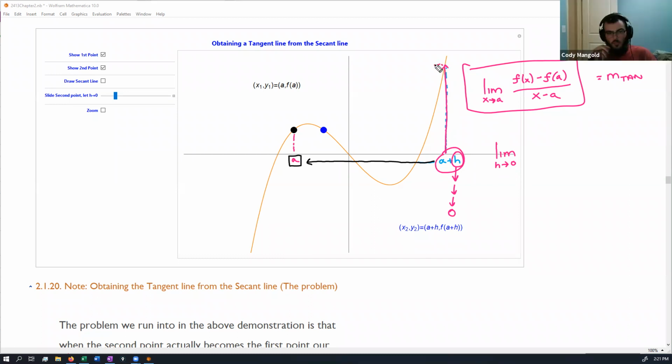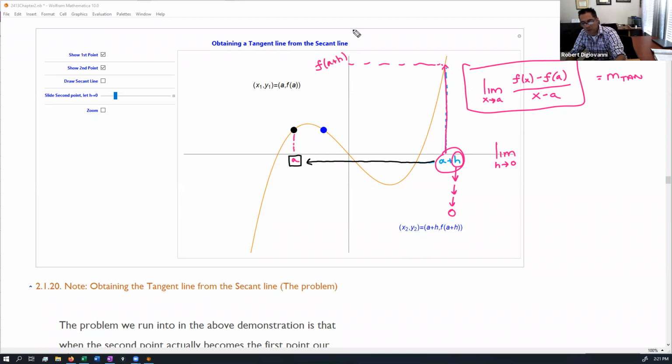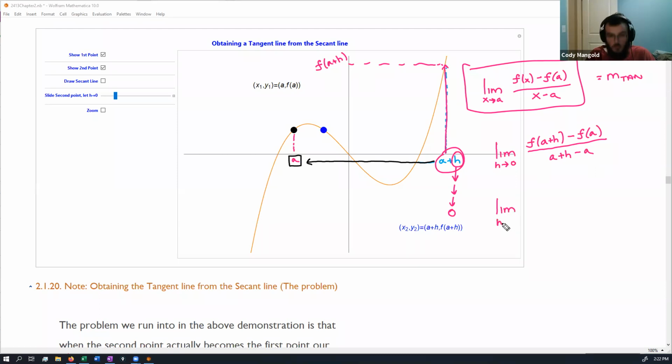So that's f of A plus H, and that becomes the top left side, and then minus f of A, and then over the X, which is actually A plus H, and then take away A. You'll see what happens on the bottom? Yeah, just H. Yeah, the A's cancel. So you get this.